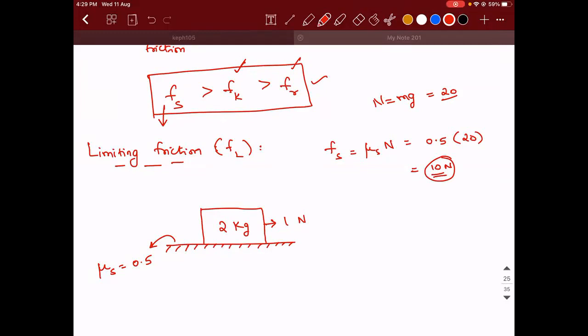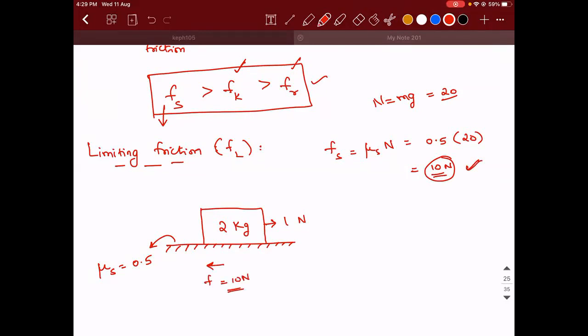Do you think this object is going to move if I apply a force of 1 Newton? No, sir. Why? Because the force of friction is greater there. To overcome, static friction is 10 Newton, right?